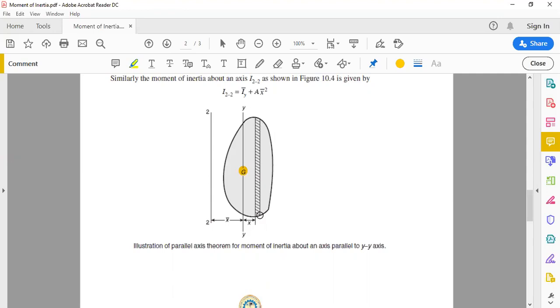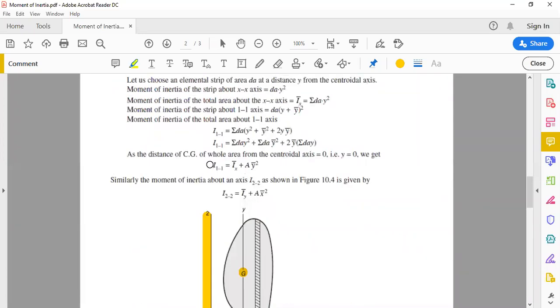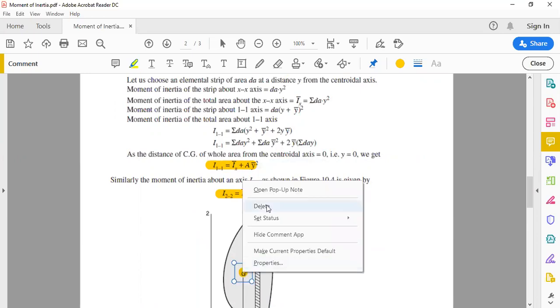We have an element placed at a distance of x from the reference y axis, and any axis 2 with respect to which I want the moment of inertia. That can be calculated as I22 is equal to I y bar plus A x bar square. It is the same way as we calculated in the previous step. So this is what is called the parallel axis theorem.